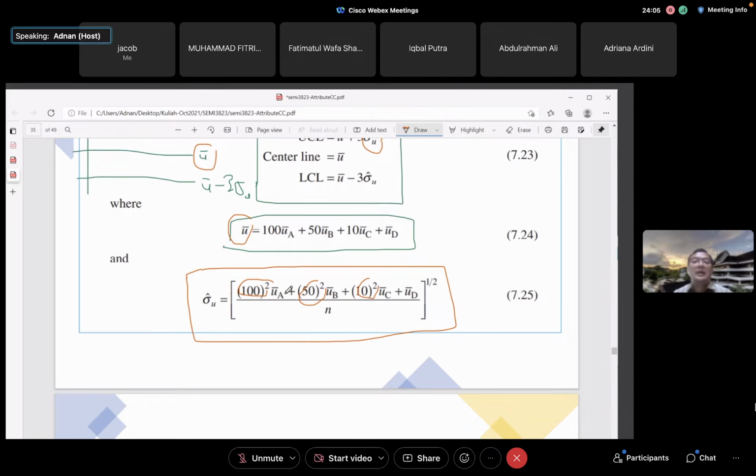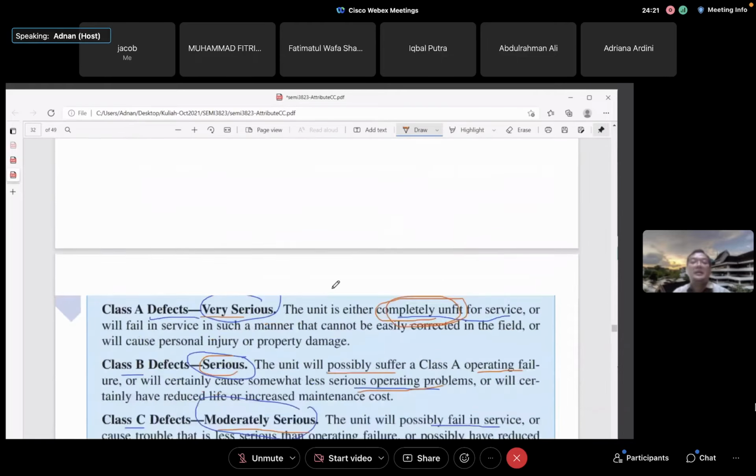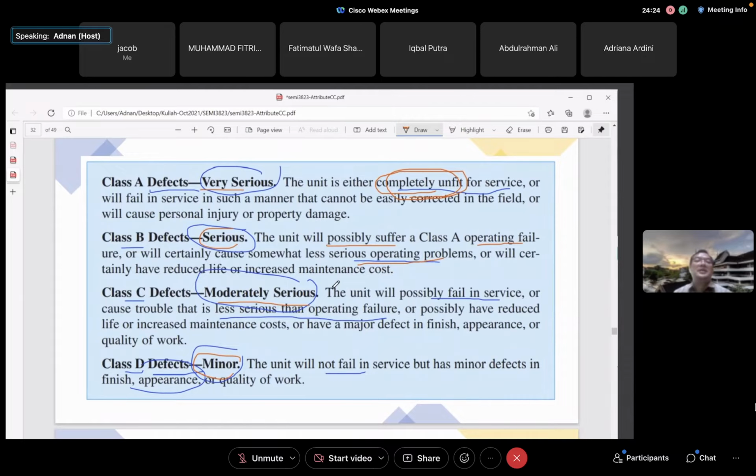And then the weightage will be multiplied by the average of the categories: very serious, moderately serious, and the minor one. To understand this, the serious one is critical. Take a COVID case: we ask, is it critical? Yes, critical. They can't cope anymore and need help, such as a ventilator. That is critical, meaning it can cause death.